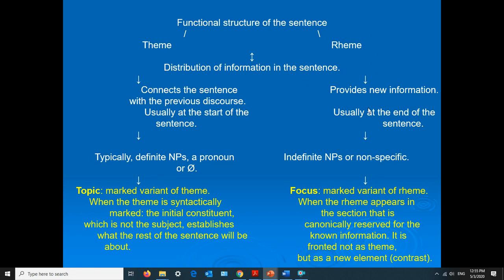In rhematic position, we tend to have indefinite noun phrases because indefinite articles are used for first mention or non-specific ones, right? Non-specific ones are usually associated with new information. If it's something specific, it is an element with more chances of being considered old information. So this is the traditional division into theme and reme, in terms of the distribution of information in the sentence.